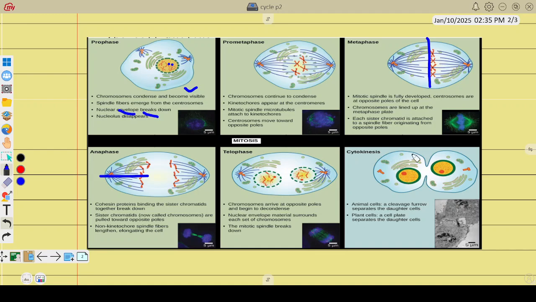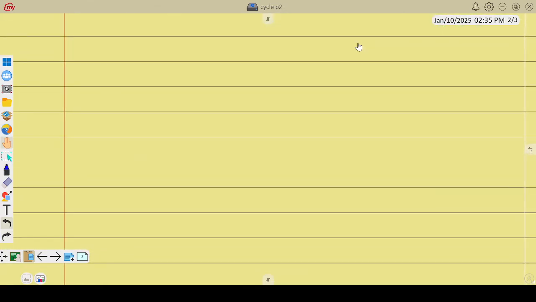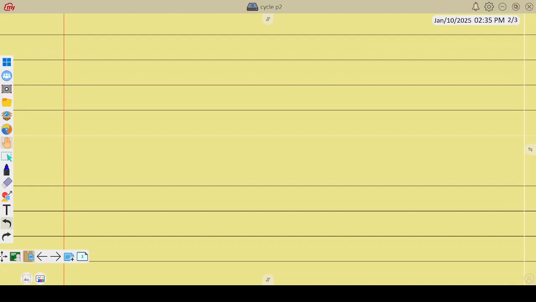Lastly, we have cytokinesis, where there's separation, so there's a cleavage furrow or a cell plate. You can use this for your revision. Screenshot this, and if you are not clear, screenshot that part. Okay, so this was our journey with the cell cycle. The cell cycle is now complete.